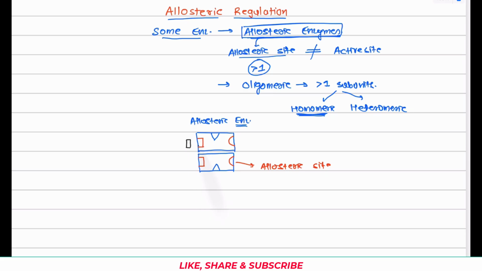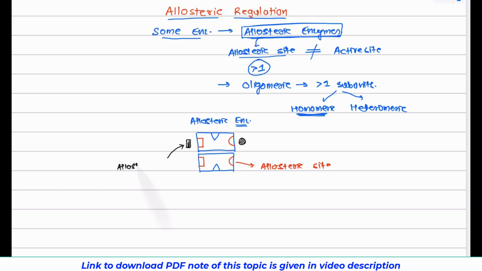So let's say with this allosteric site, this molecule binds, and with this allosteric site, this molecule binds. These molecules which can bind with the allosteric site are called allosteric modulators. They are also called allosteric effectors. So there are two names for such molecules.